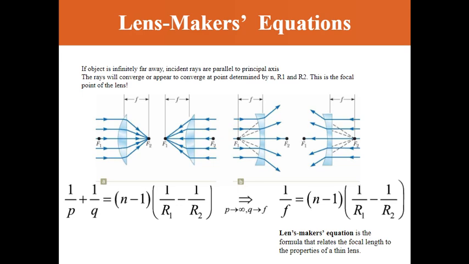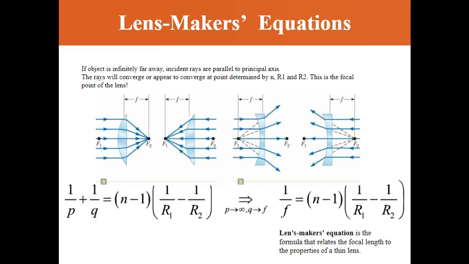Drawing A shows a converging lens, where parallel light rays converge on the other side of the lens, while drawing B shows a diverging lens where the rays appear to converge on the opposite side of the lens.